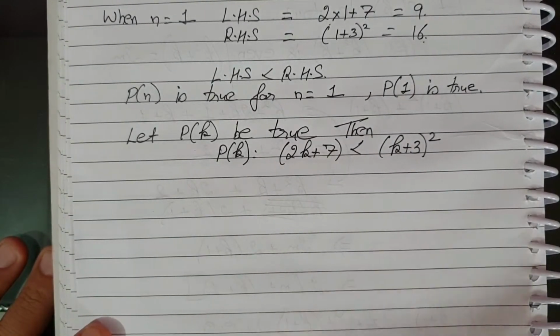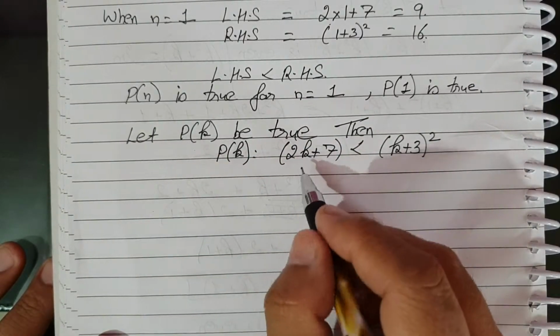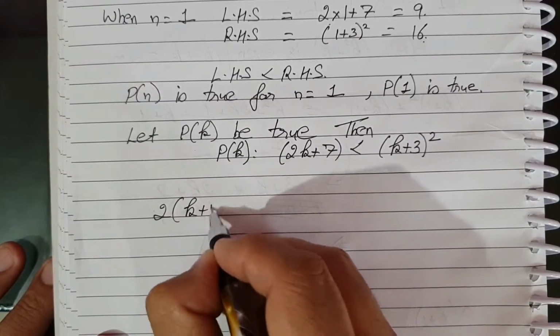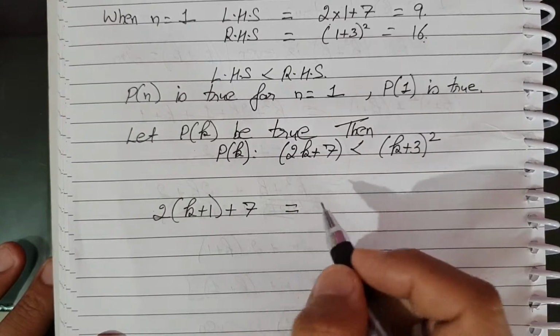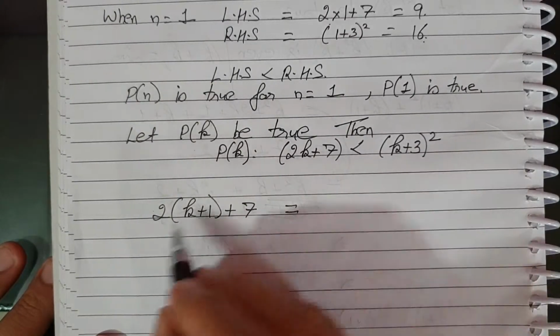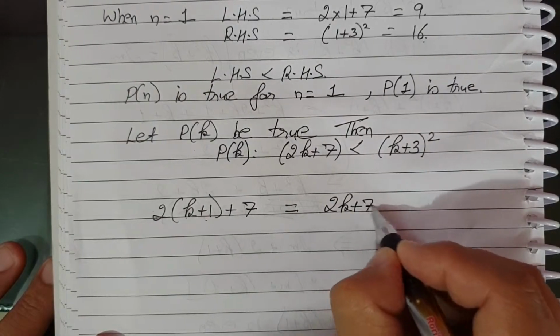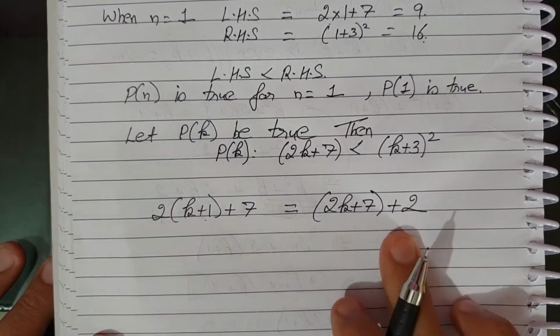Now replacing k with k plus 1. So see, you can write this as twice of (k plus 1) plus 7. Okay, now this is equal to, rearranging, 2k plus 2 plus 7. This is 2k plus 7 plus 2. You can write it like this.